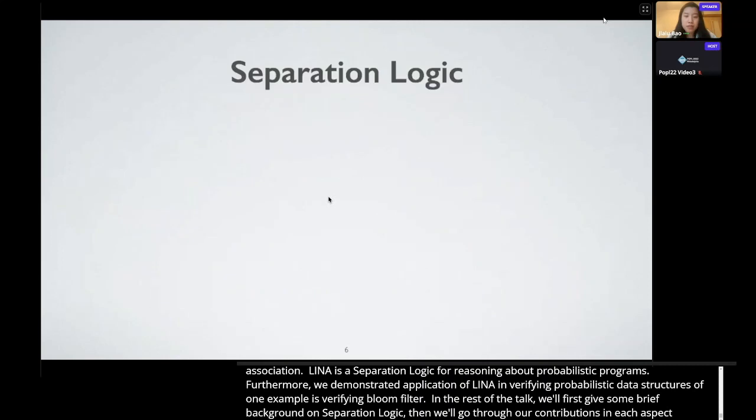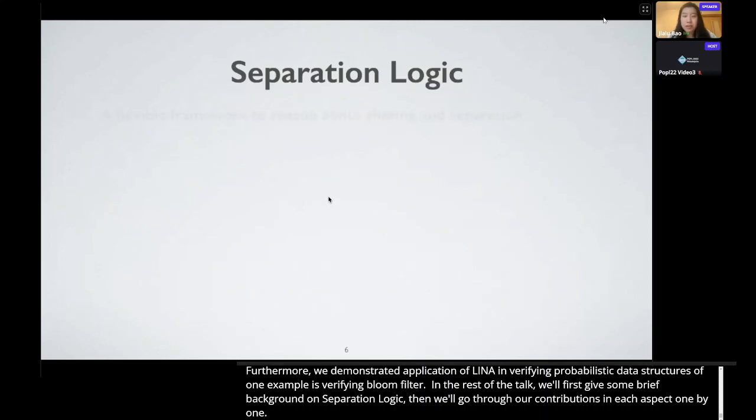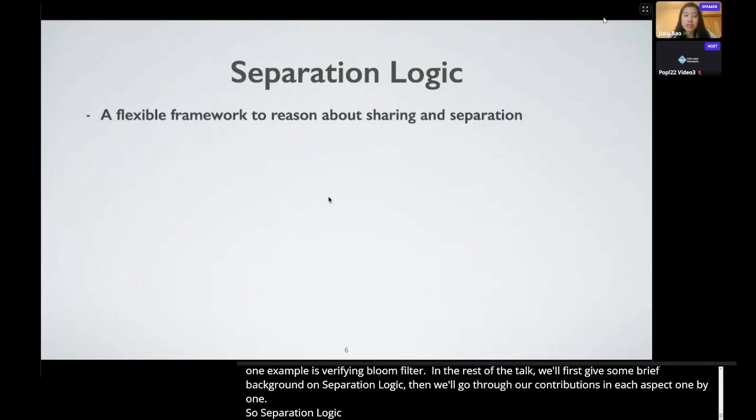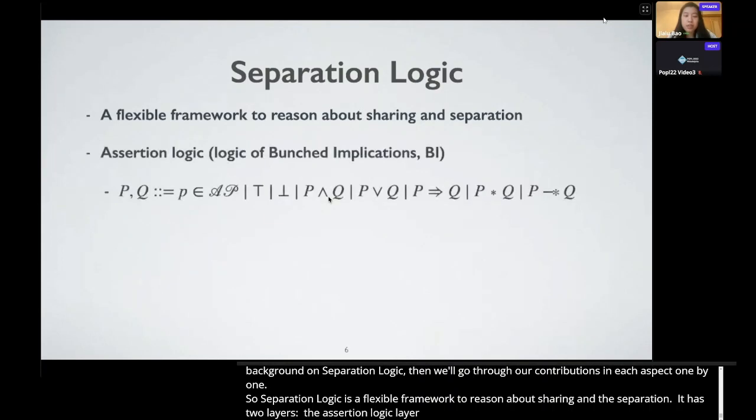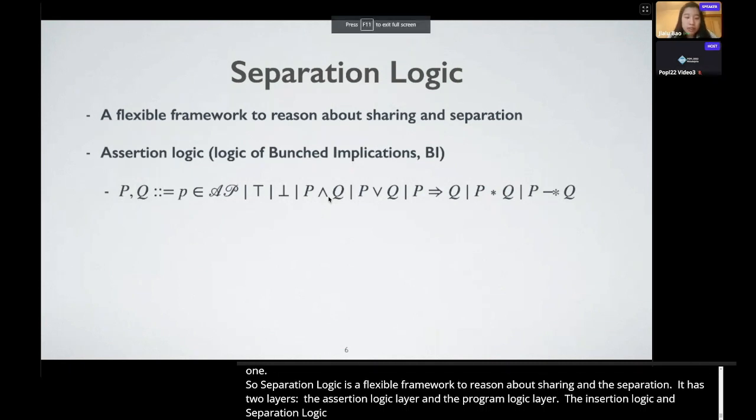So separation logic is a flexible framework to reason about sharing and separation. It has two layers, the assertion logic layer and the program logic layer. The assertion logic in separation logic is often taken to be the logic of bunched implications, abbreviated as BI.